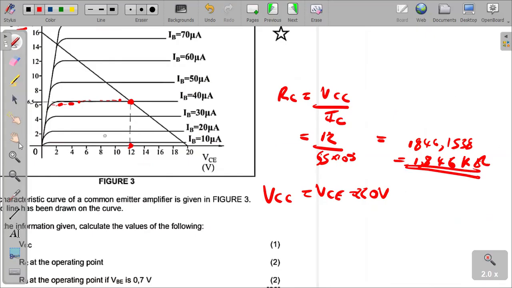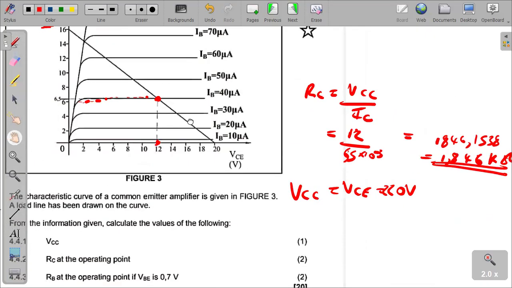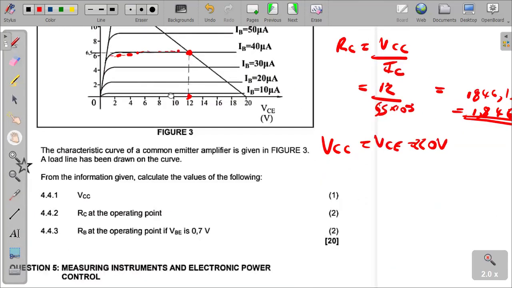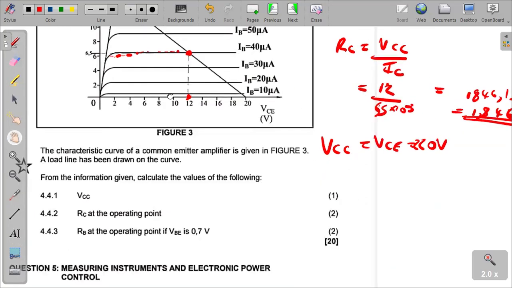Let's go to the next question. It's saying calculate RB at the operating point if VBE is equal to 0.7. So at the operating point again, RB is equal to VBE that we've been given divided by IB at the operating point. And IB at the operating point is this one now that we are taking.